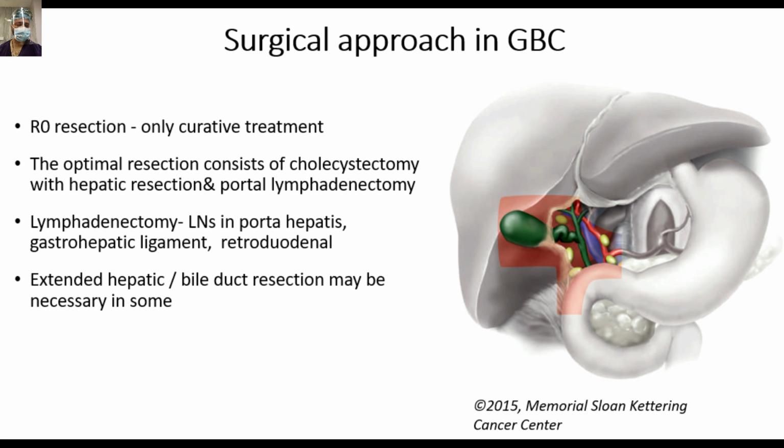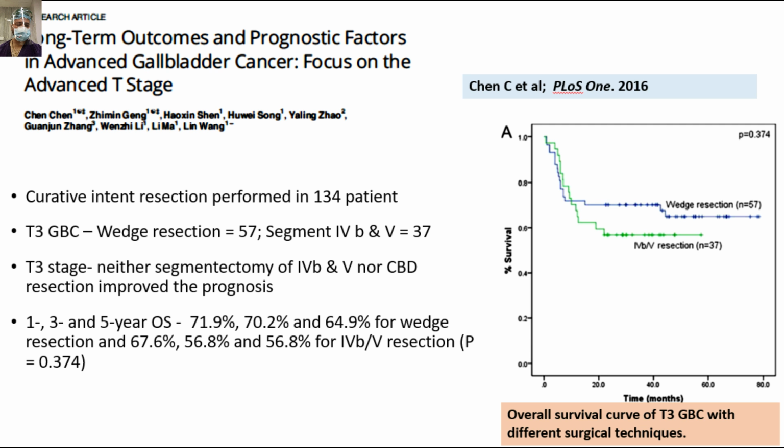Another controversy that you will hear in many surgical conferences or talks is whether we should do a wedge resection or an anatomical resection, that is segment 4B and 5. So this is an important paper by Chaudhari et al. In this paper, they analyzed 134 patients with curative resection, and among the T3 gallbladder cancer patients, 57 had wedge resection and 37 had anatomical segment 4B and 5 resection.